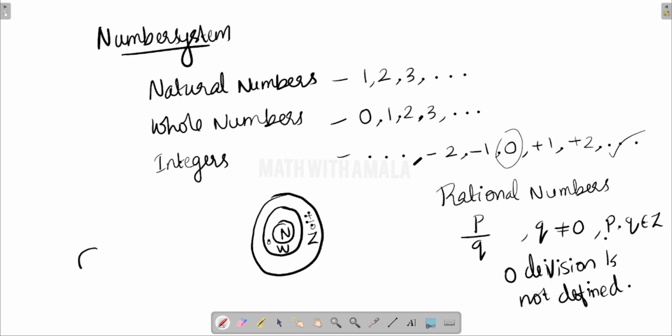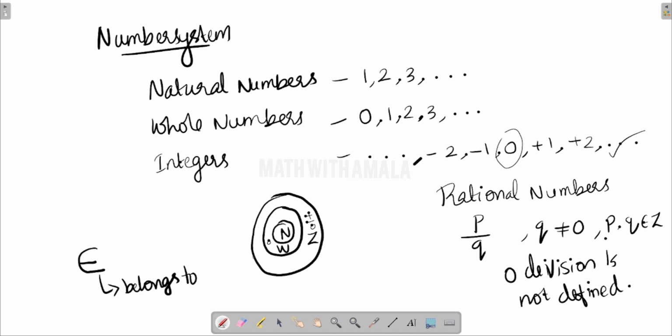I use a C with a middle hyphen. You can say any line at the center. This symbol is used for belongs to, contained in, which is included in. You can use this kind of symbols for representing this kind of wordings or phrases.